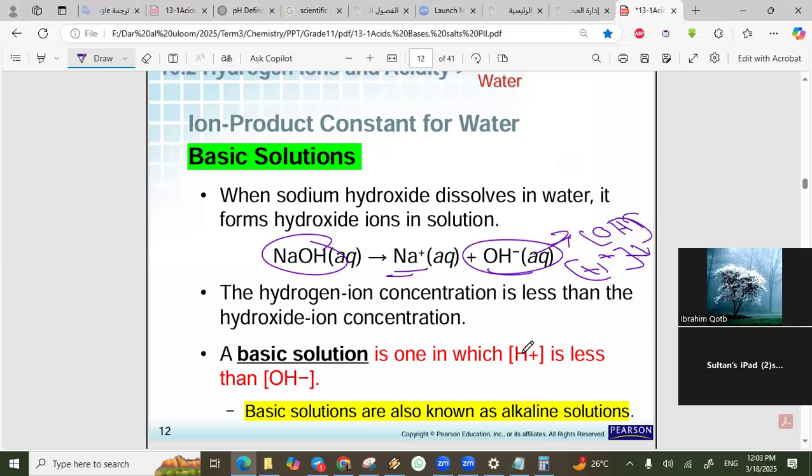Remember from the previous term, if I increase OH, H will decrease. So H plus will be less than 10 negative 7. It will be 10 negative 8, 10 negative 9, 10 negative 14. All these numbers are less than 10 negative 7.